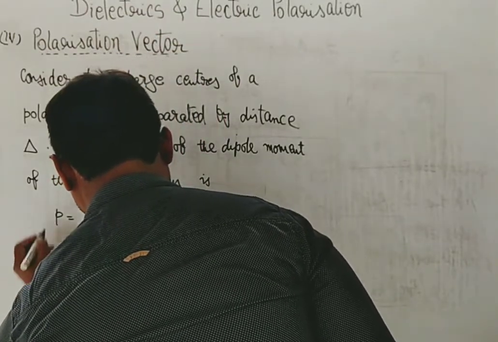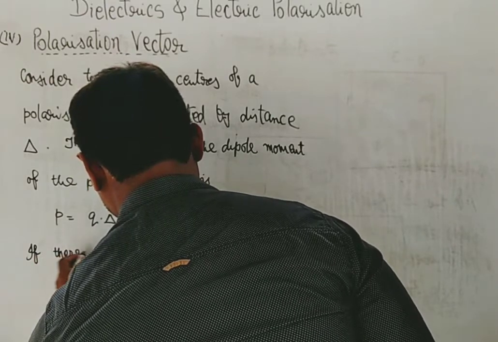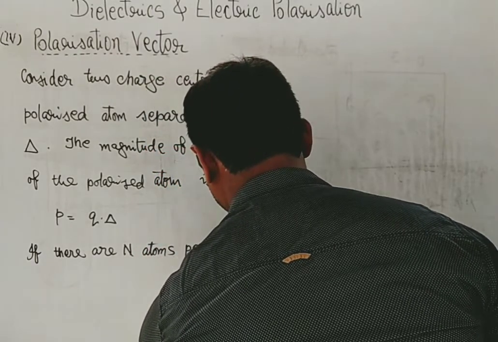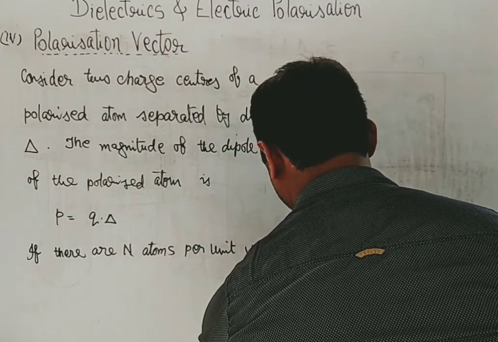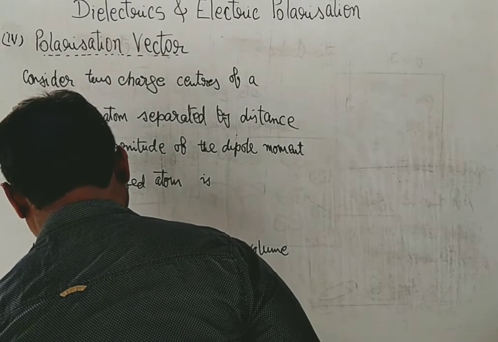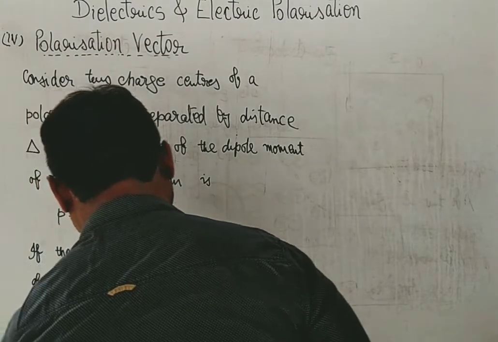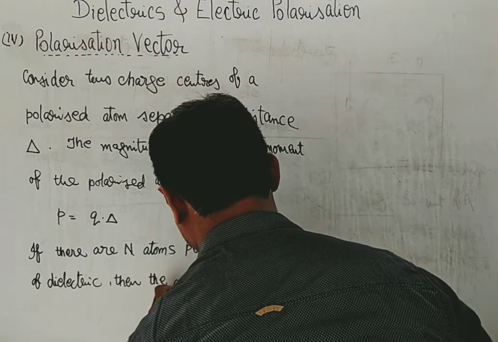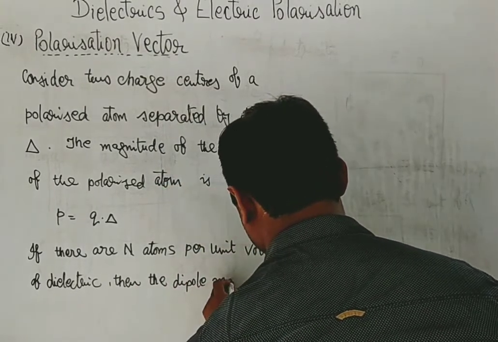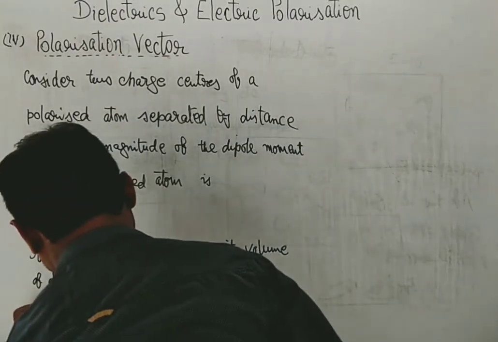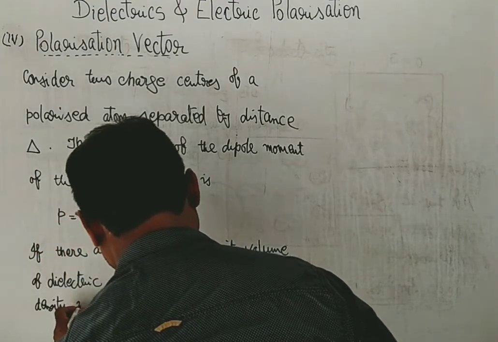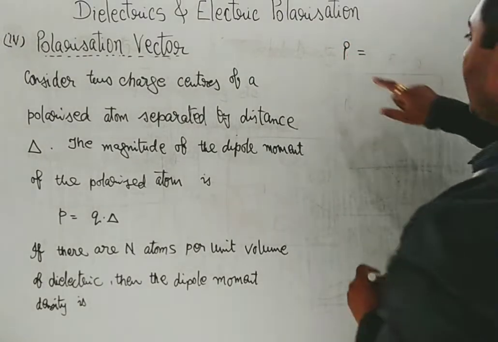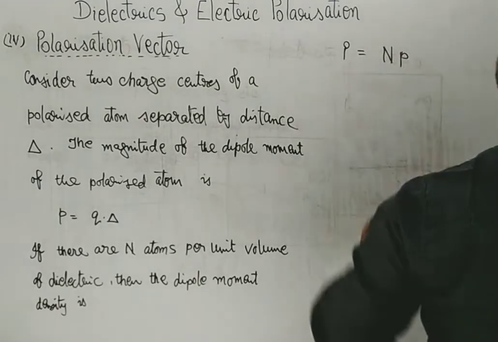Now say if there are n atoms per unit volume of dielectric, then the dipole moment density, which we represent by capital P, is equal to n into small p.